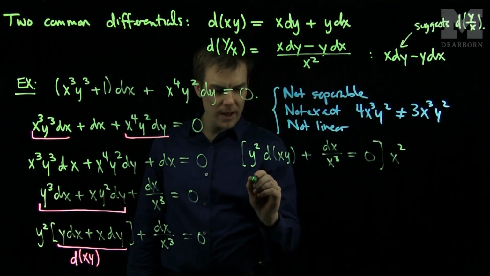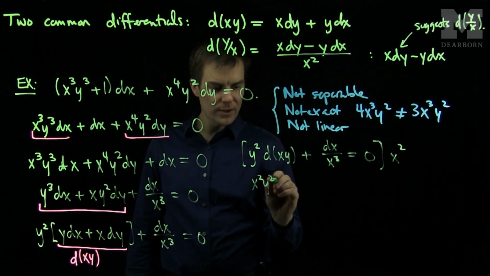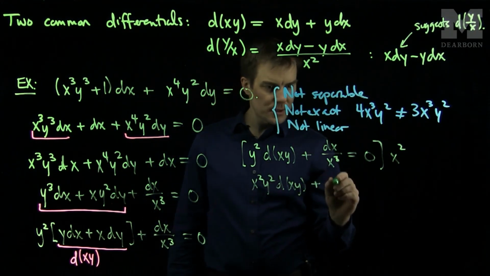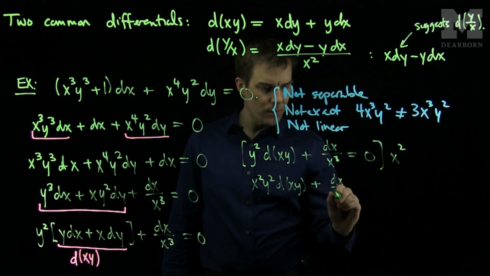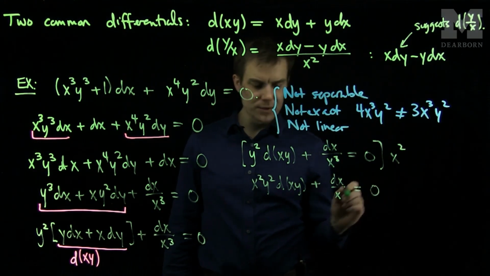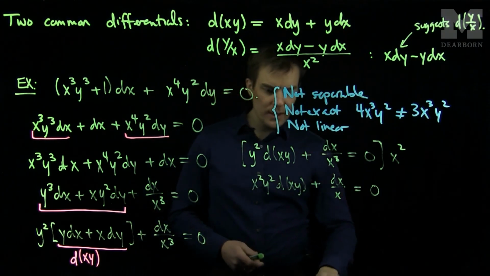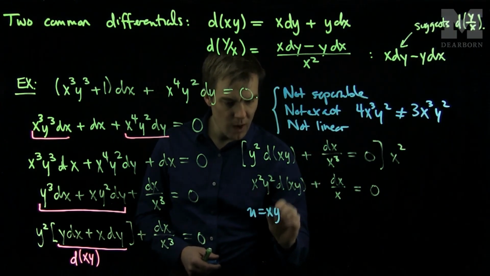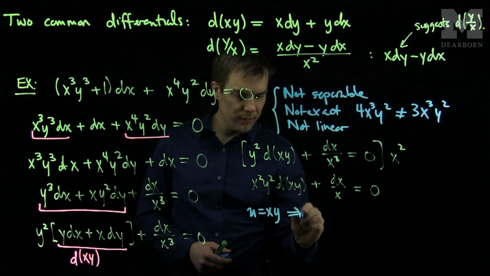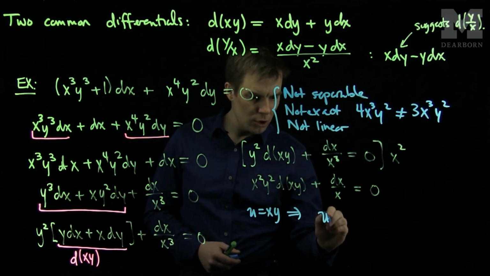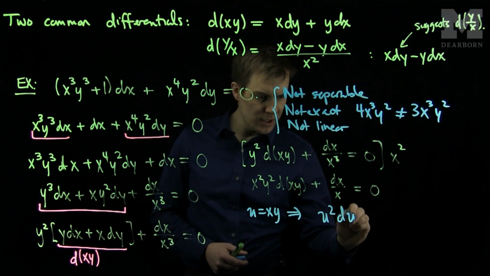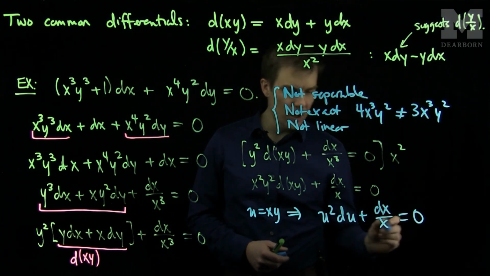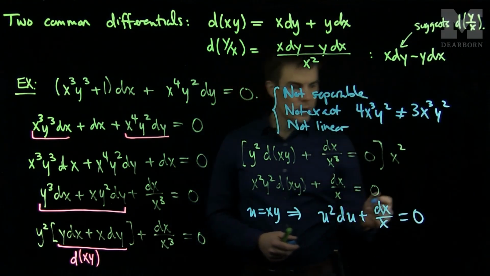If I do this, I will have x squared y squared d of xy plus dx over x equals 0. Now I can call u equal to x times y, and with this substitution our differential equation becomes u squared du plus dx over x equals 0, which is now separable.